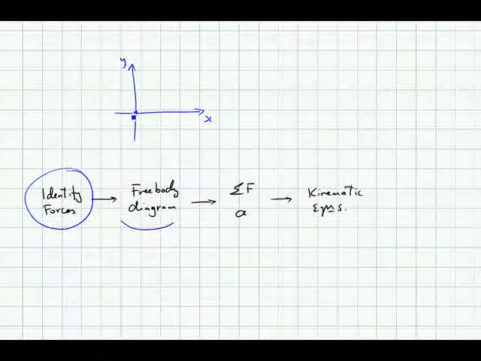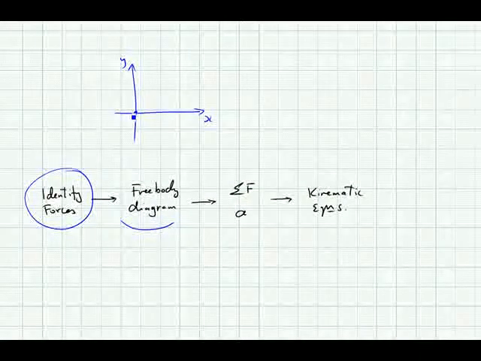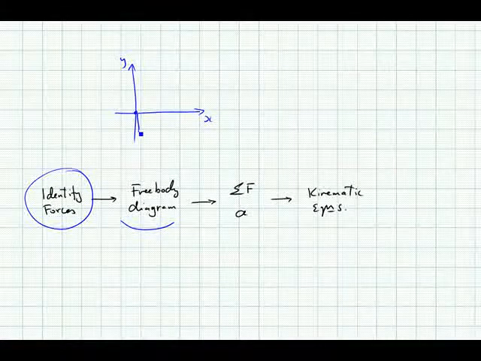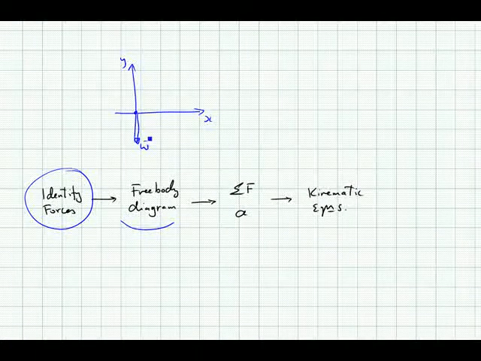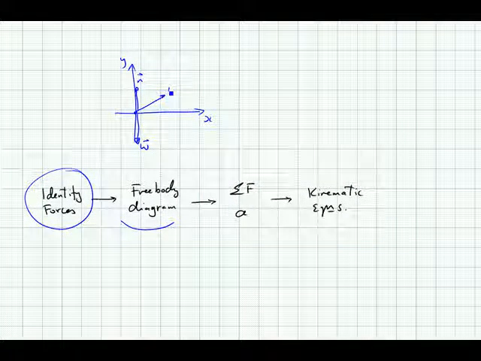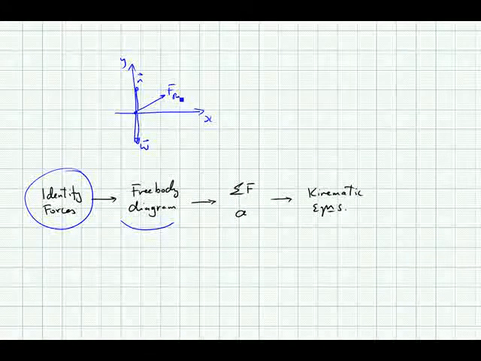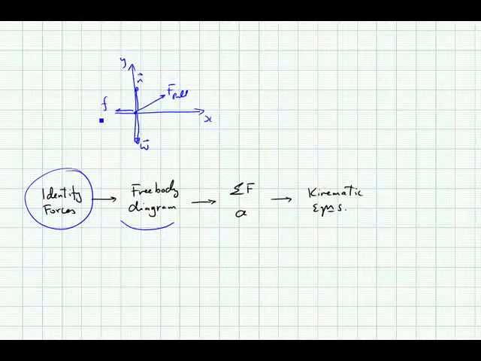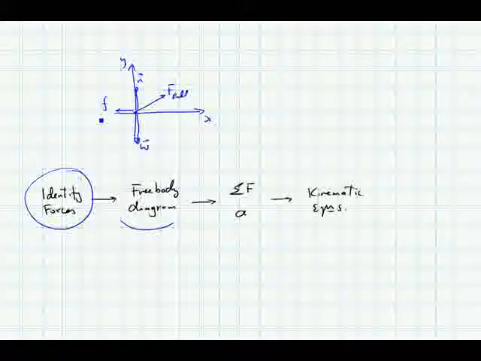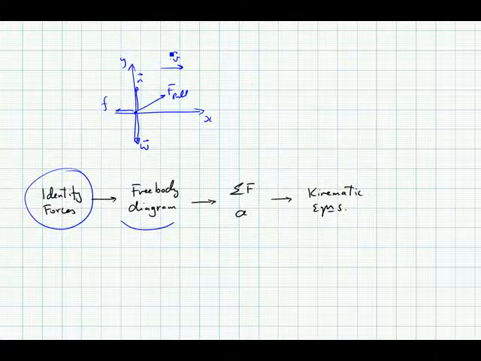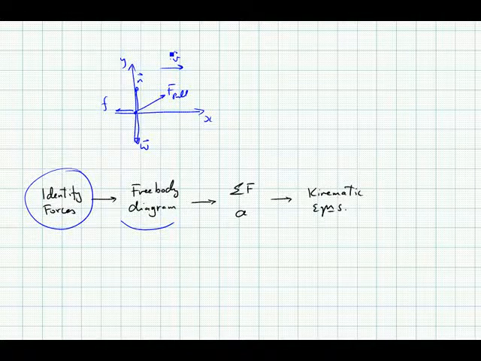The object, of course, is considered at the origin, and then you draw all the forces that you've identified, like weight, normal force, let's say here's F pull, and some kind of friction force working in the reverse direction to motion if motion is towards the positive of the x-axis.